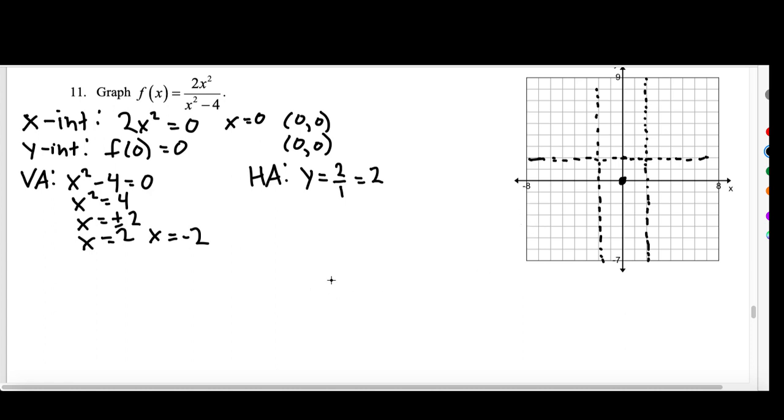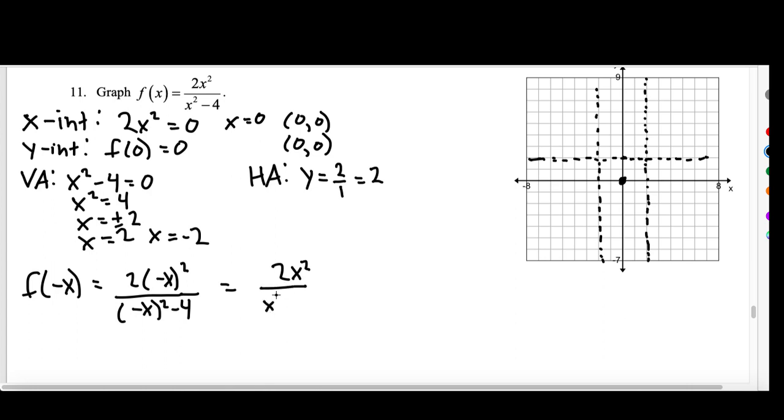And with this one, let's try doing a symmetry test, right? So if we do f of negative x, we get 2 times negative x squared divided by negative x squared minus 4. When you square a negative, you always get a positive, so this is equal to 2x squared over x squared minus 4, which equals f of x, right?